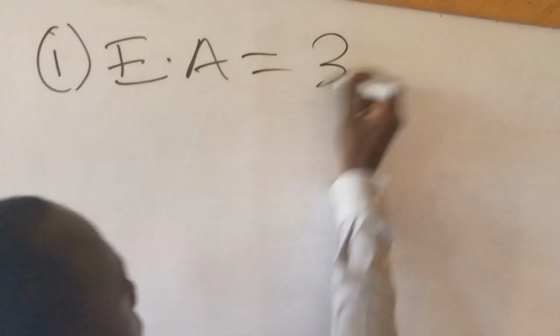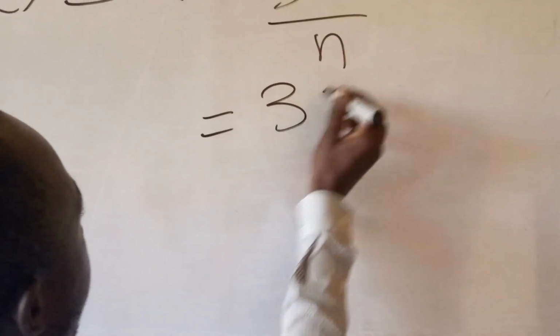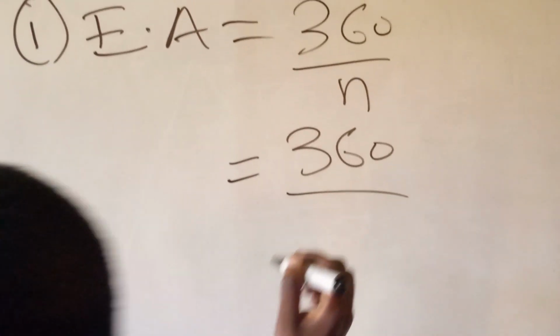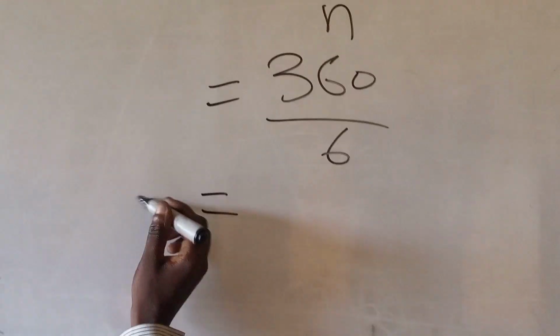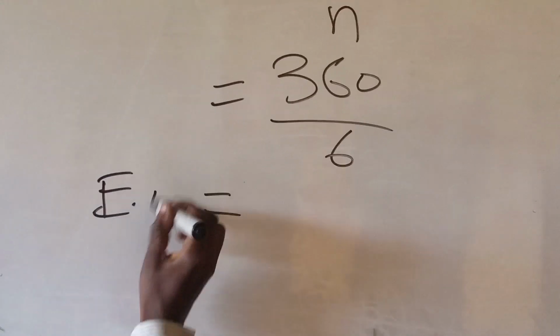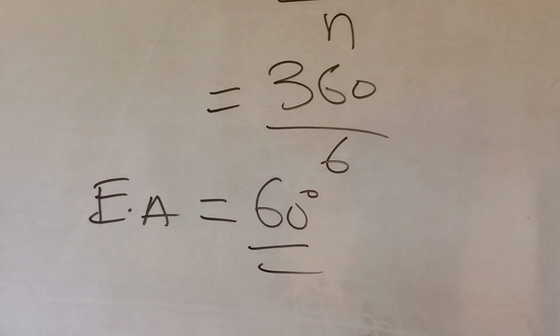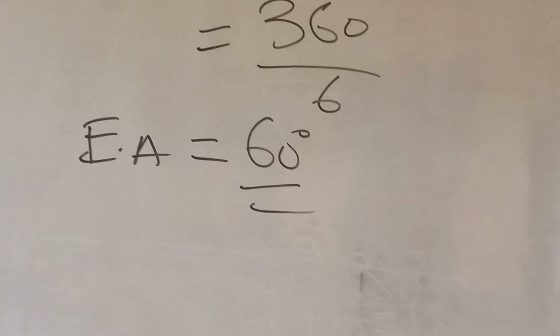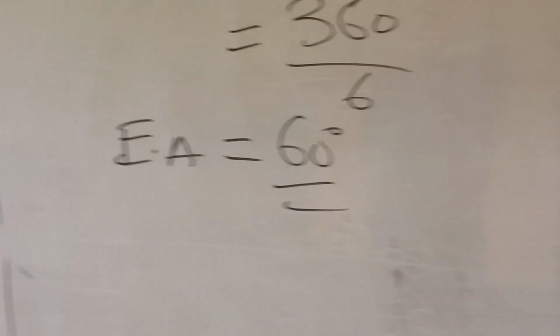So it's 360 over n, and we have our n to be what? 6. So the exterior angle now is 60 degrees. The second one, we now want to find our interior angle.